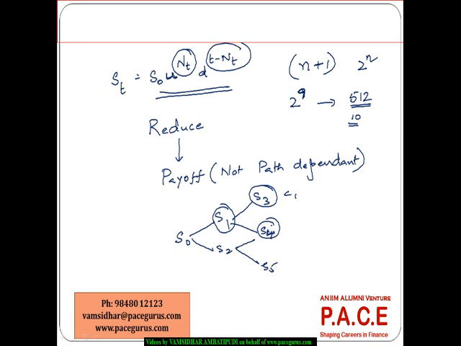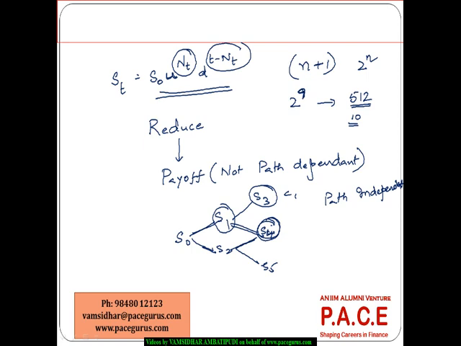If S4 comes either from S1 with a down or from S2 with an up, if it really doesn't matter, that is called path independent. In what route it has reached the destination typically does not matter to us.